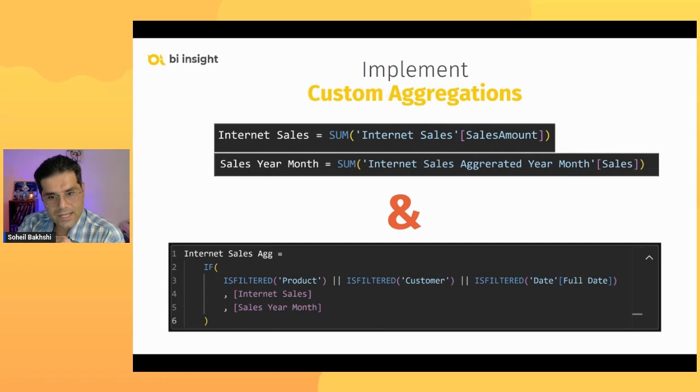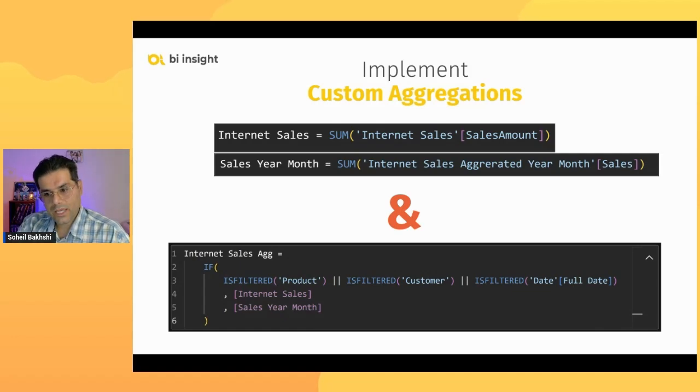I have internet sales that is coming from the internet sales table, and I'm summing the sales amount. And I also have a sum of sales, which is coming from internet sales aggregated year month. The internet sales aggregated year month is an aggregated table, right?